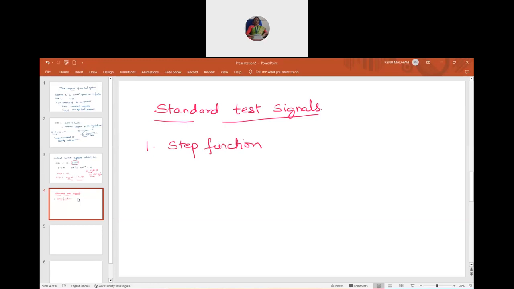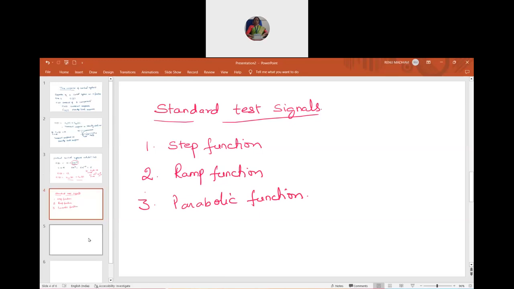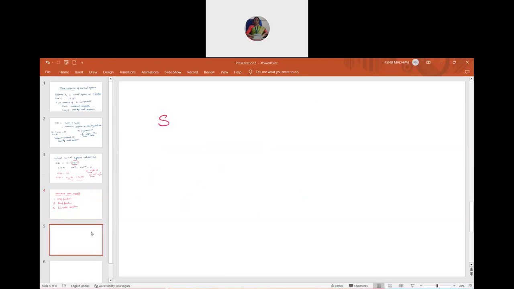This is one test signal, and we have ramp function. We also have parabolic function. Depending upon the type of signal we want, we can take any one of them in order to test the system.